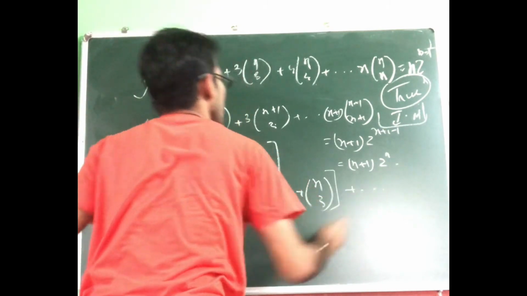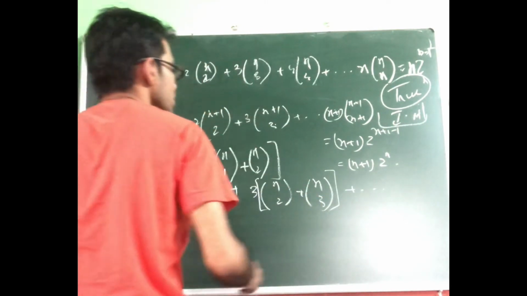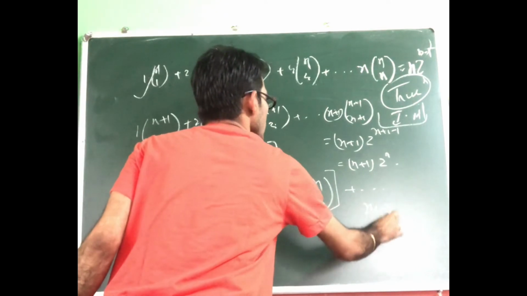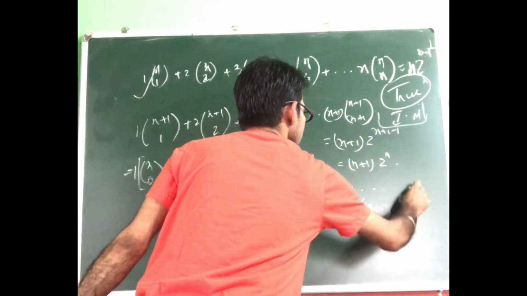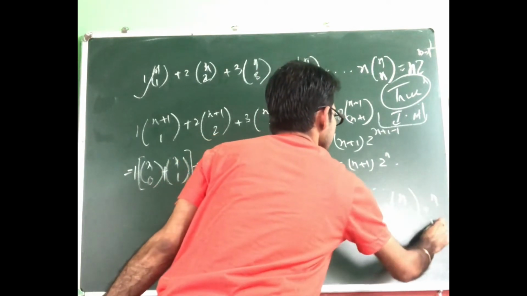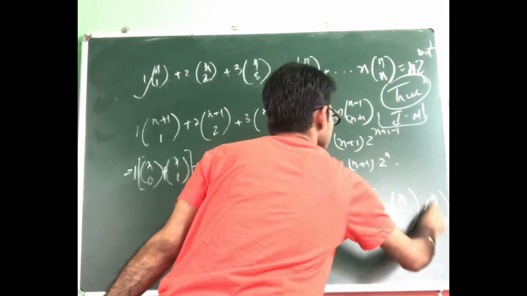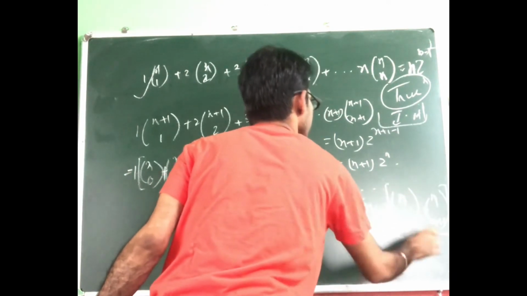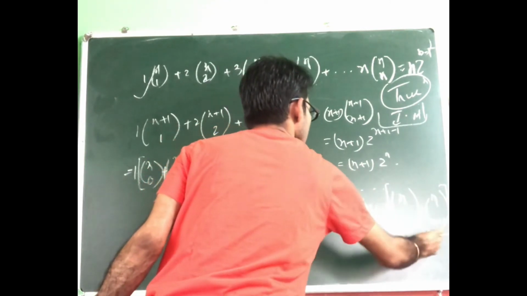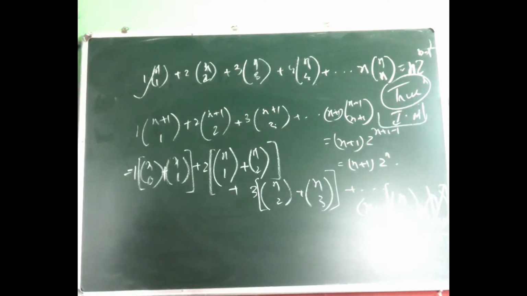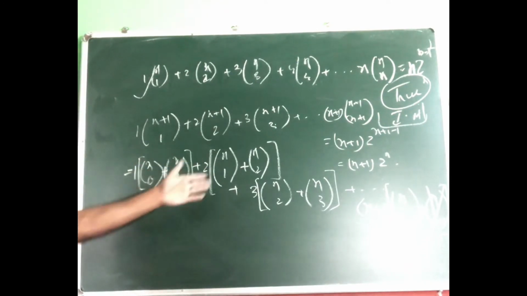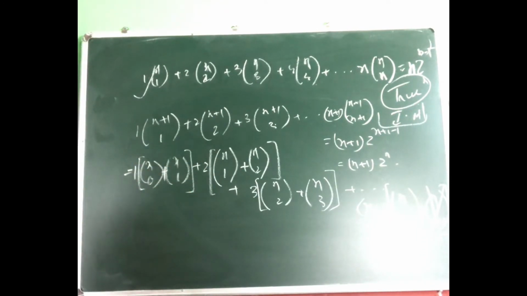I can replace the last element with n choose n plus n choose n plus 1, and this I know is equal to 0, so I can ignore it. So we end up getting this many terms.